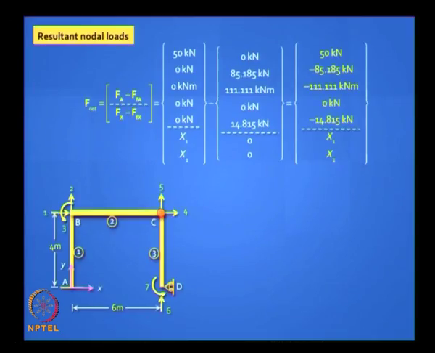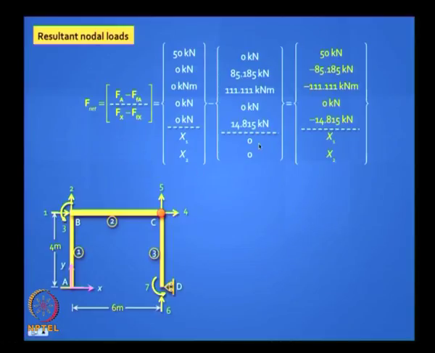Next I should get the net joint loads, resultant nodal loads. So that is F net is FA minus FFA and Fx minus FFx. I just do this substitution. When I write the second one, that is where I bring in those forces. You see, this is given to me, right in the beginning. I have 50 kilonewton load and I have x1 and x2, which I do not know. This is my FA Fx vector.